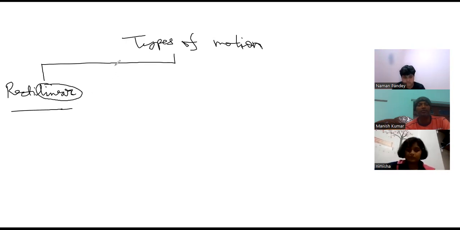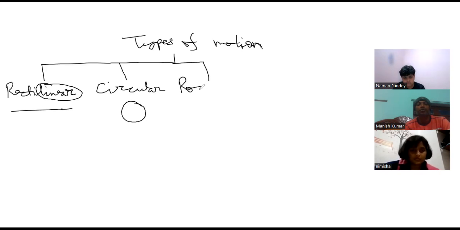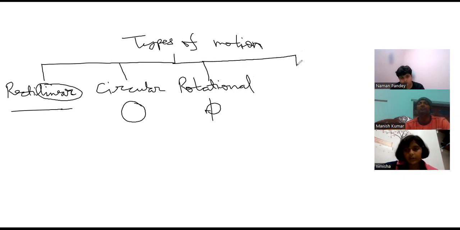Okay, that is self-understood. Then circular motion. That means in a circular manner. That is not difficult either. Then rotational motion. Rotational means rotating on its own axis. There is one axis and it is just rotating around that, isn't it? So this is called rotational. And periodic. What does that mean?